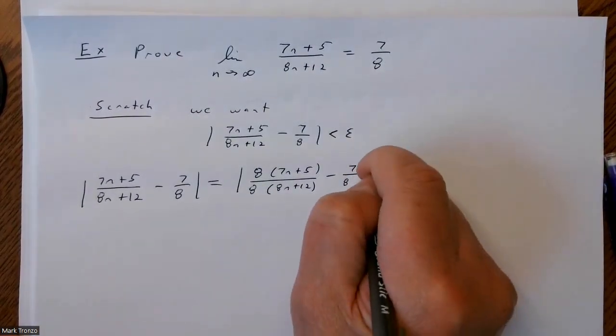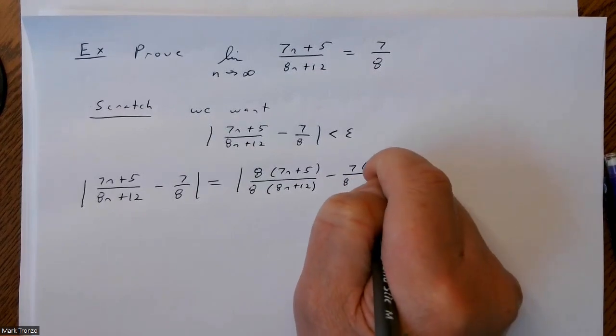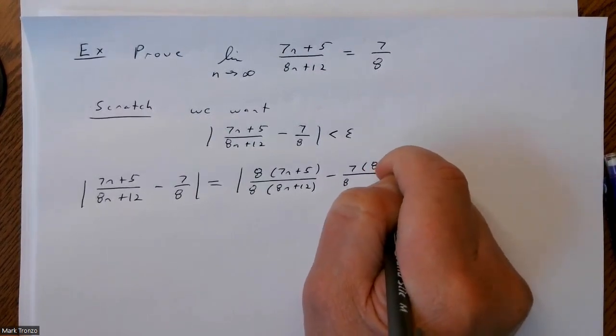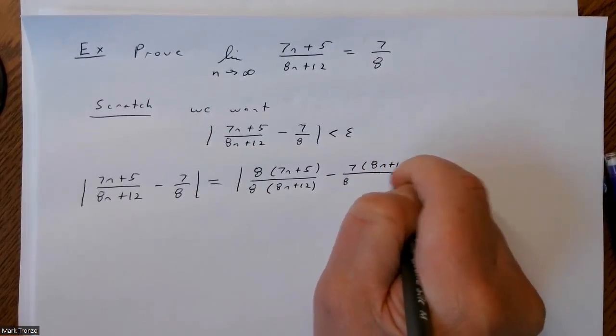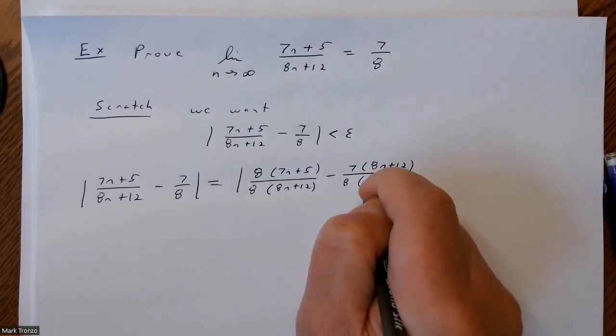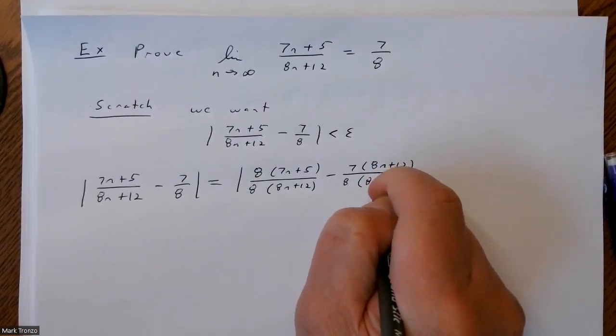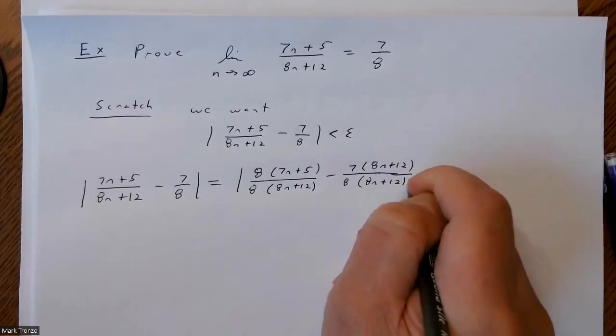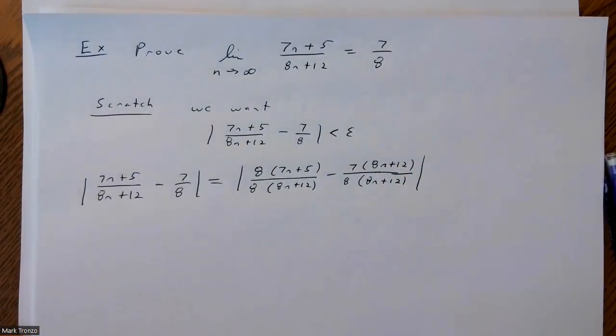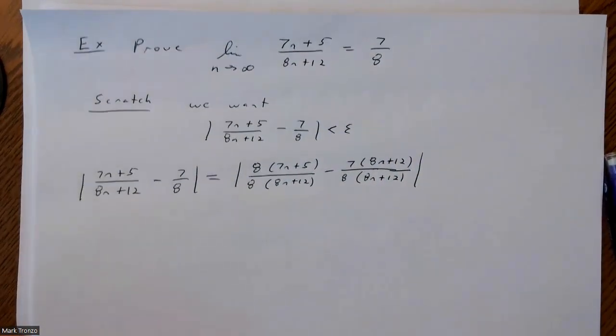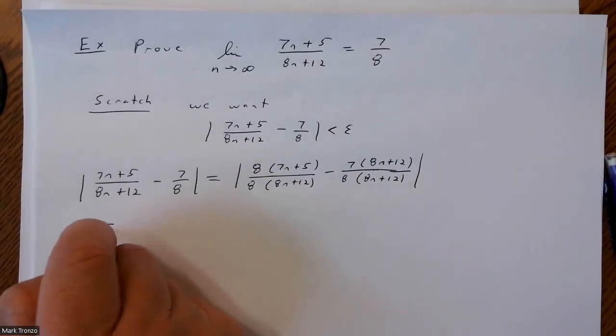I'm mainly doing it by brute force, multiplying each fraction by the other denominator. Maybe there's a quicker way to do this. And now let's put all this together.